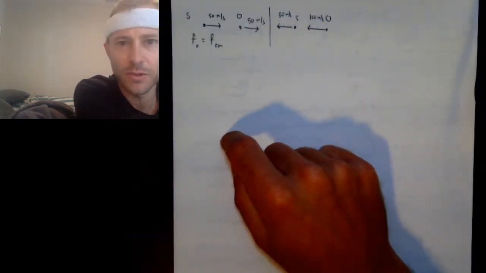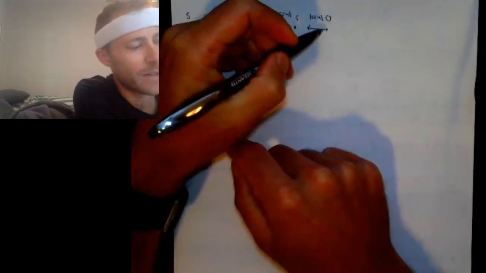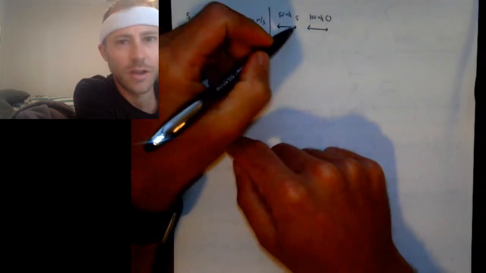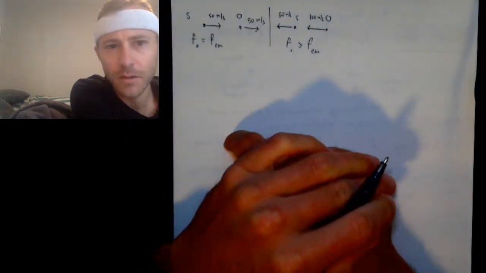So it's like a chase is going on. The observer is chasing the source. And because the observer is going faster than the source, they're going to be getting closer together as time goes on. So the observed frequency is going to be greater than the emitted frequency.